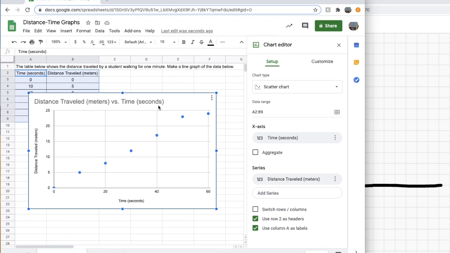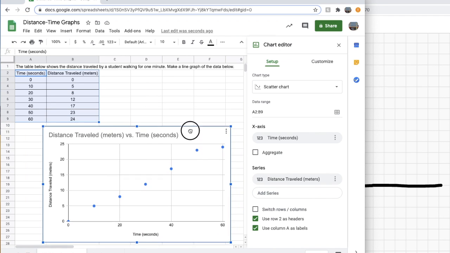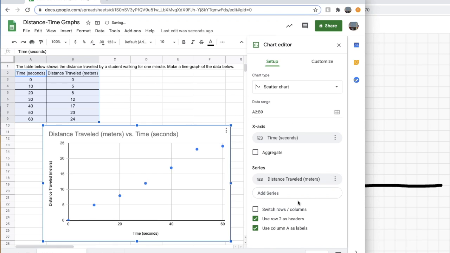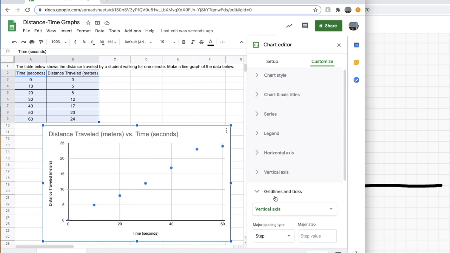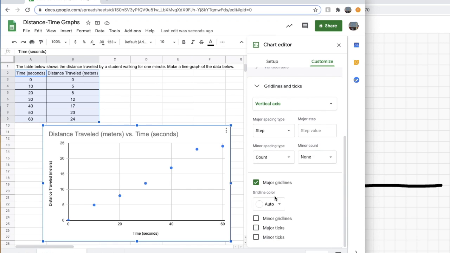So they have it as a scatter plot. I'm going to make just a couple changes on this that you can make or not make on your graph. That's totally fine. So the first one, I am going to go to my grid lines. I want to have more lines in here to make it clear what these points are at. So if you go down to grid lines, it makes you do by vertical and by horizontal the same way.